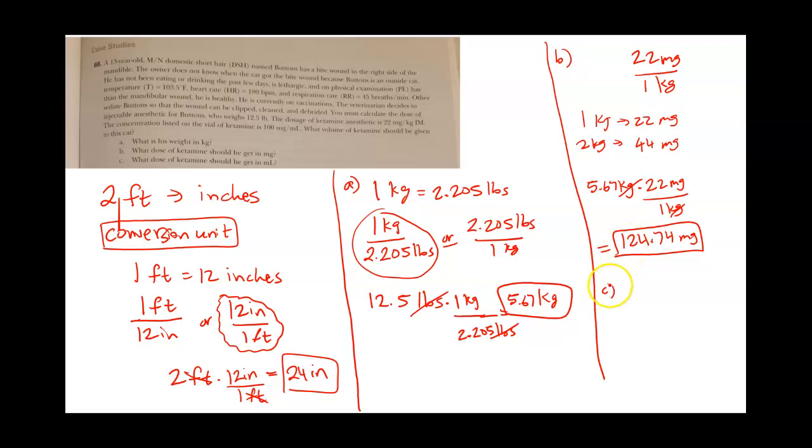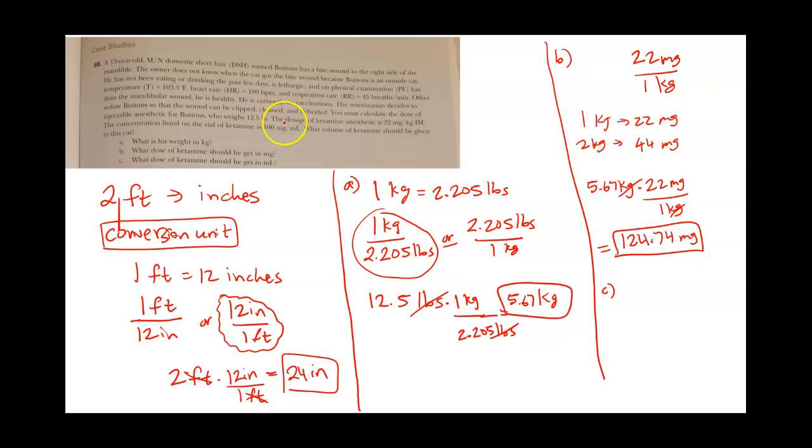Okay, and so again, the way you think logically, for each kilogram, you have 22 milligrams. So if you have 5.67 kilograms, you would multiply 5.67 by 22 to get 124.74. But this is the more mathematical way to do it using the conversion factors. And then lastly, it says, what dose of ketamine should you get in milliliters?